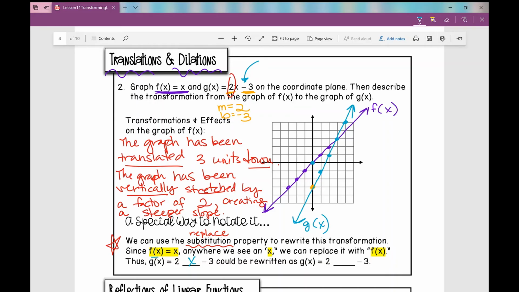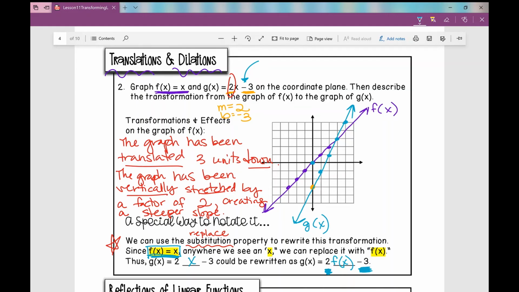Well, if f of x equals x, then instead of writing 2x minus 3, I can write that g of x equals 2 times f of x minus 3. And I still know that my slope is going to be 2 and my y-intercept is negative 3. And I know that that slope is 2 because f of x is our parent function. It would be something different in, say, algebra 2 if f of x wasn't equal to x.